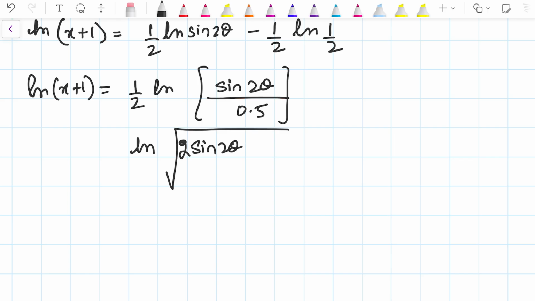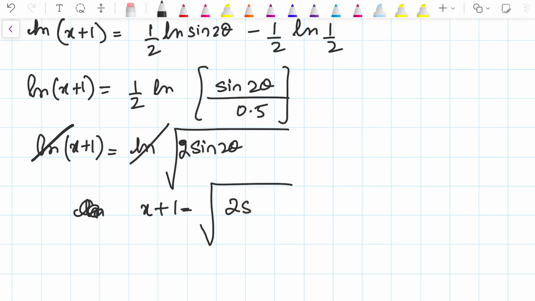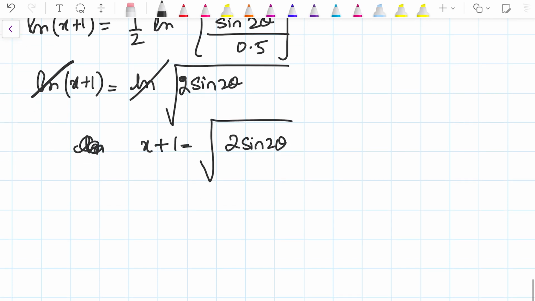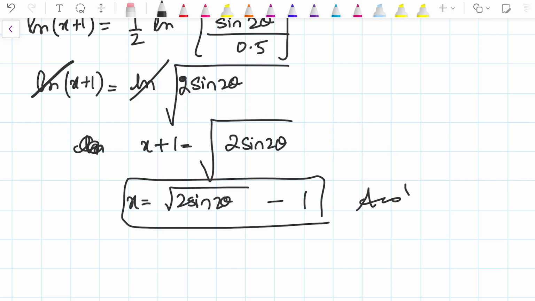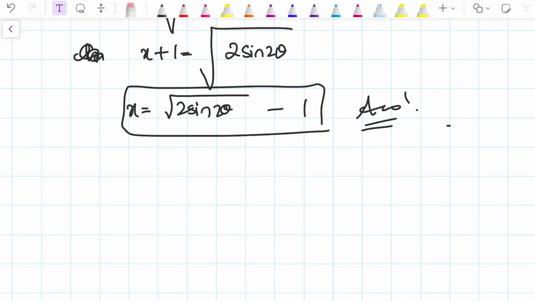This divide by 0.5 becomes, cancels out. x equals root of 2 sine 2 theta minus 1 becomes your answer. All right, let's do another example.